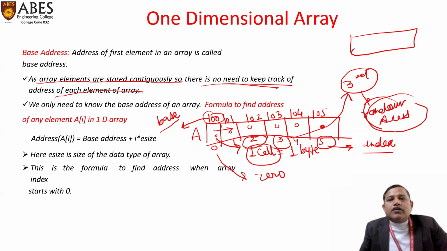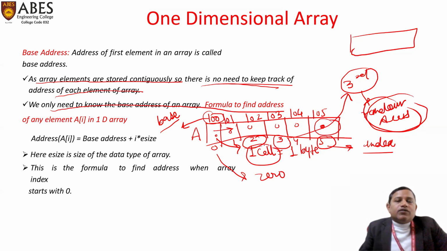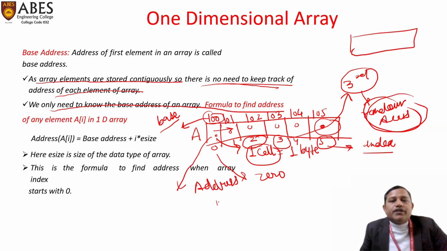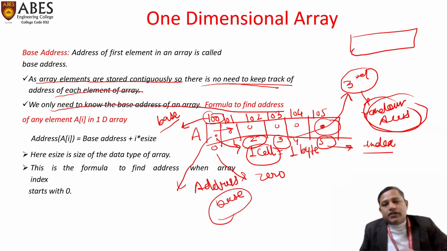This is called random access of elements in a one-dimensional array. So we only need to know the base address of an array. If you have the base address, then we can find the address of any element in the array.